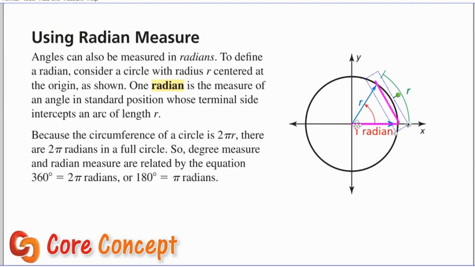Except you notice the radius is a straight line. It actually measures a little bit more than this. If I keep it straight, it looks like it measures a little bit more, right? Well, it doesn't measure more because I need to take this and actually bend it to go along here.